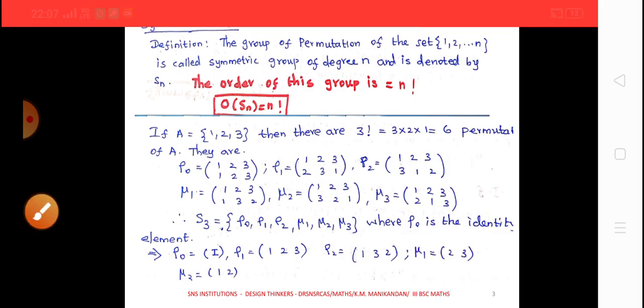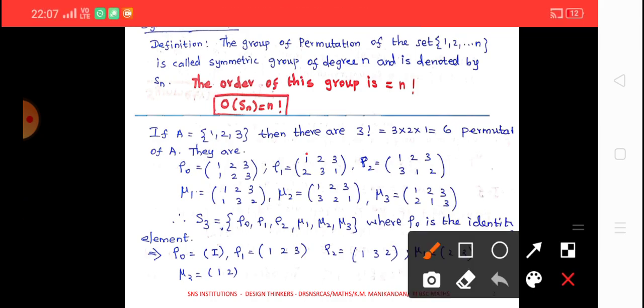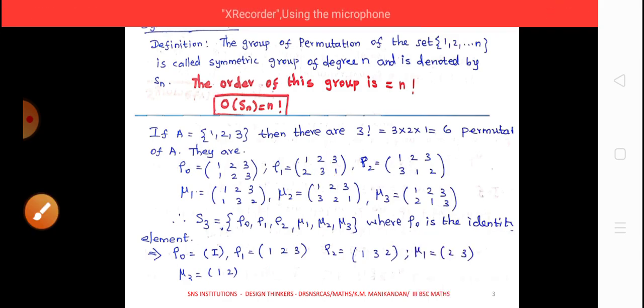The identity permutation rho naught is denoted by I. Rho 1 is defined like this: 1 maps to 2, 2 maps to 3 and 3 maps to 1. So it shows that (1 2 3) forms a cycle. So rho 1 forms the cycle (1 2 3), and similarly rho 2 forms the cycle (1 3 2).